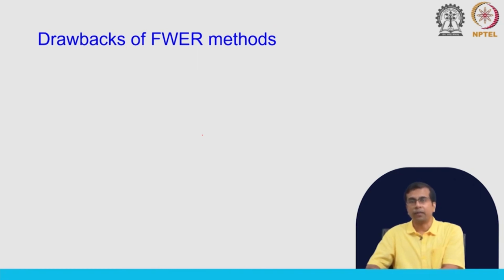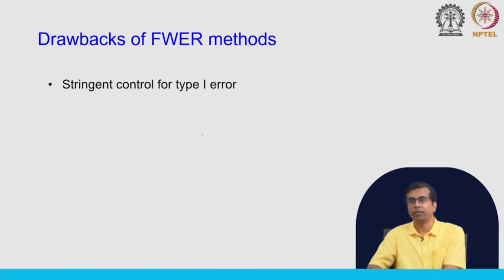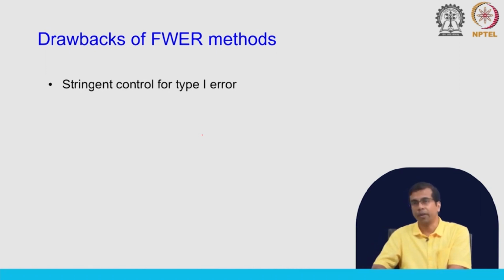So, what are the drawbacks of these FWER methods, this family wise error rate? One is, of course, that this is very stringent control for type 1 error. We are worried even about committing a single type 1 error, because we want to keep the overall alpha at 0.05, even after doing these 10,000 tests.